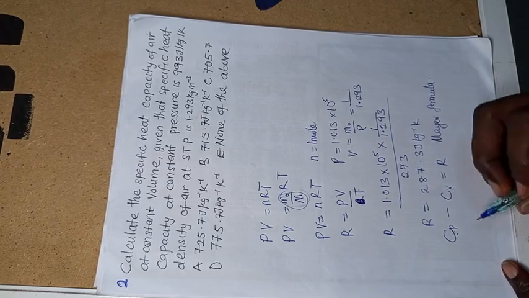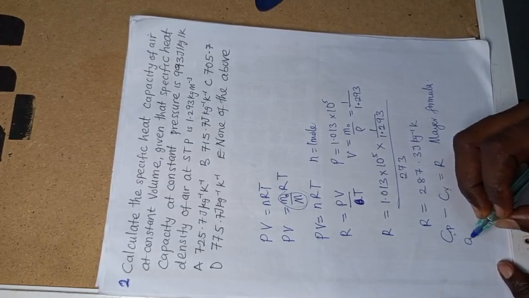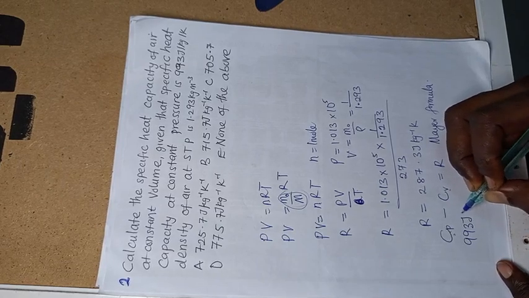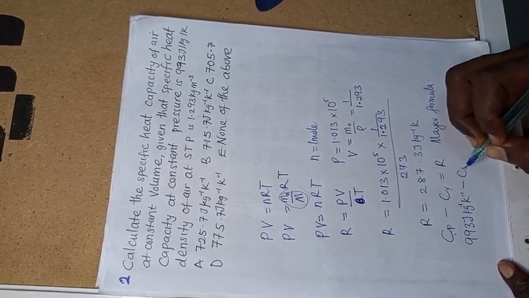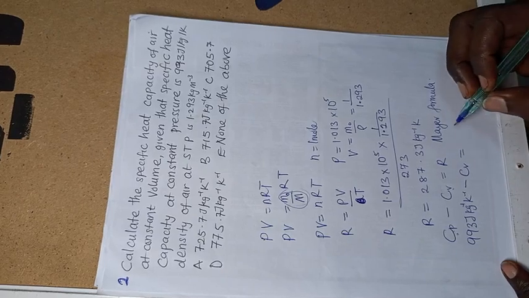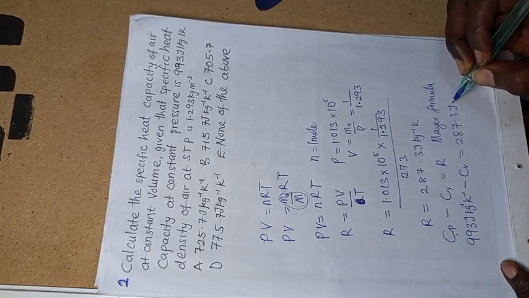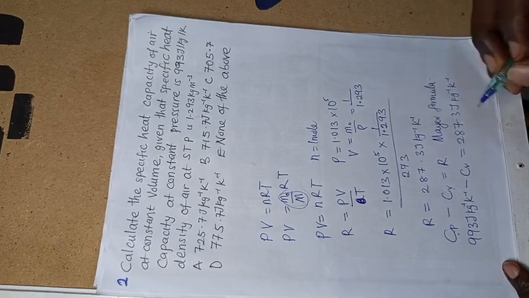CP is what they give us as 993 joules per kilogram per Kelvin, minus CV equal to our R, 287.3 joules per kilogram per Kelvin.